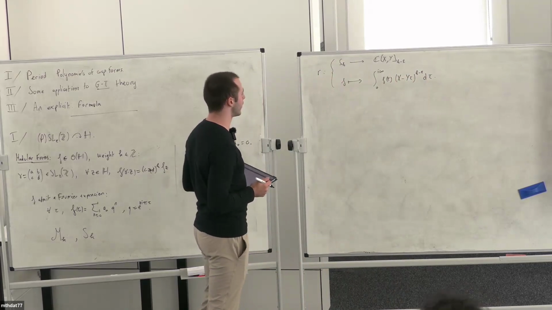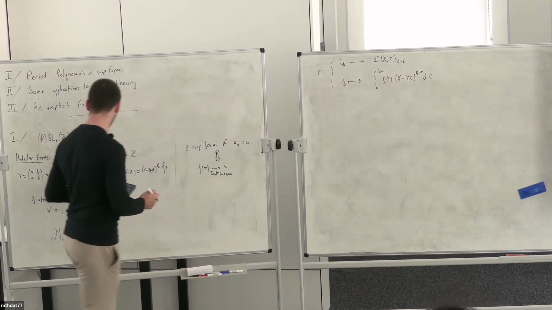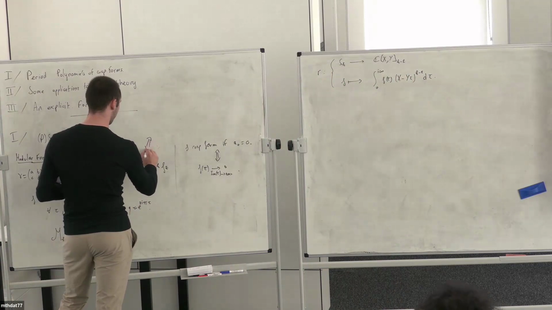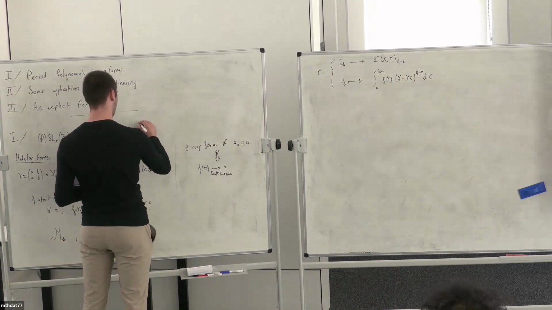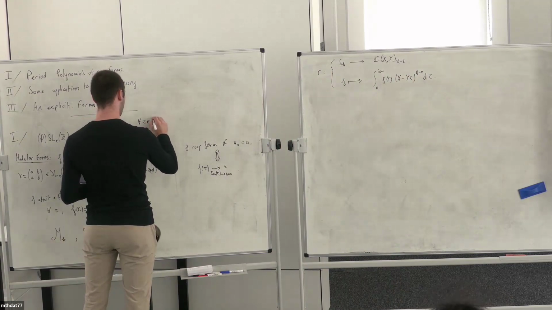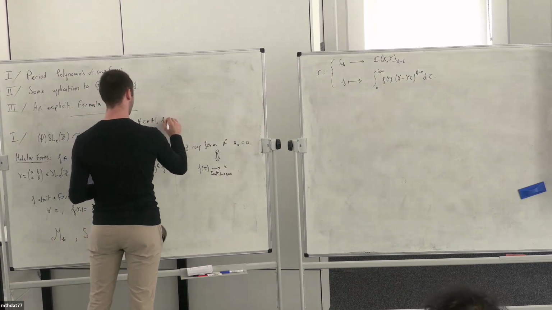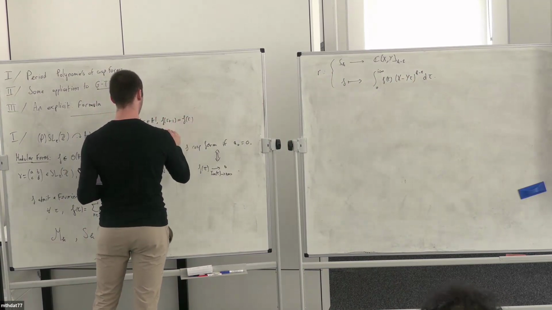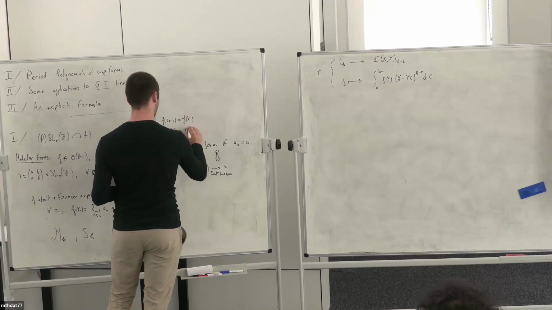Okay, so one can see, using the two conditions, that this can just be seen as the fact that for tau in H, f of tau plus 1 equals f of tau, and f of minus 1 over tau equals tau to the k f of tau.